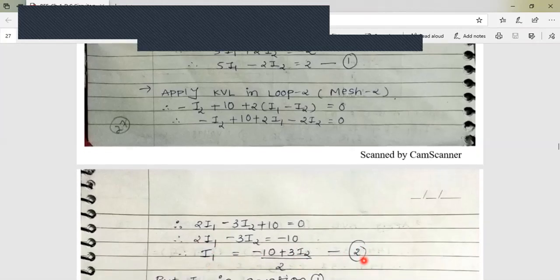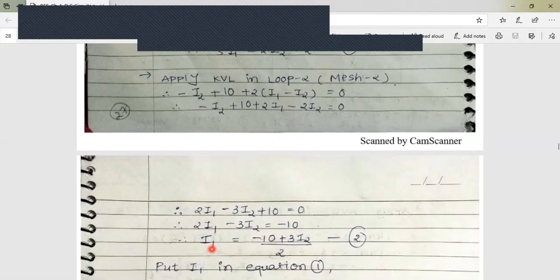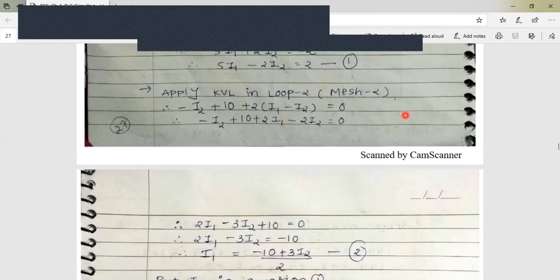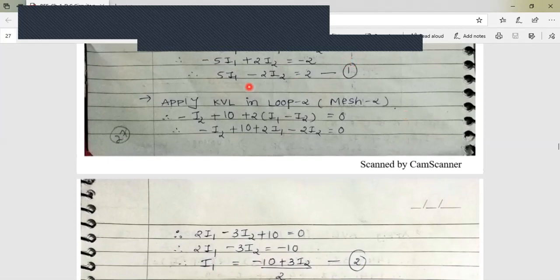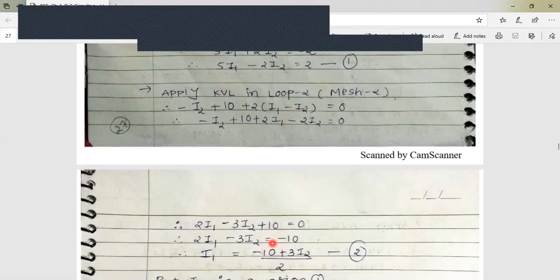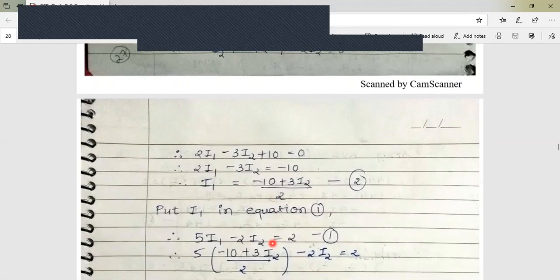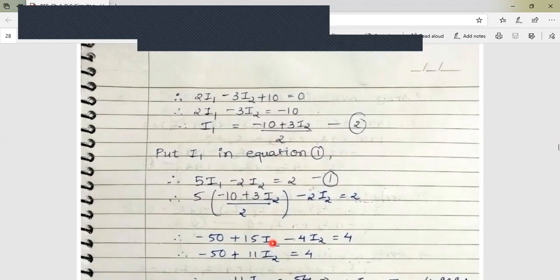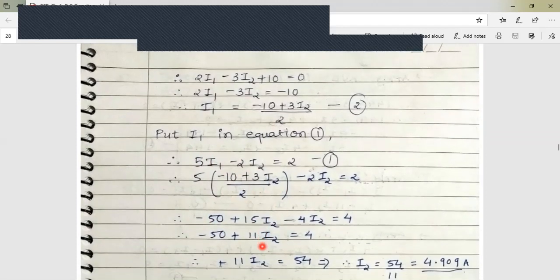Now simply we can put this value of I1 into the above equation 1. By replacing the value of I1 in this equation and solving, we have the current I2 equals 54 by 11, equals 4.909.